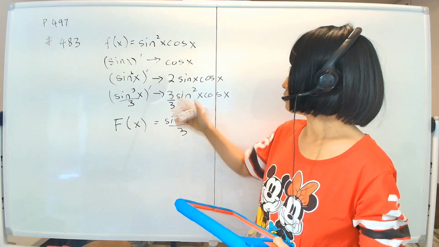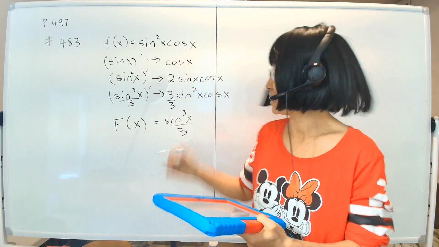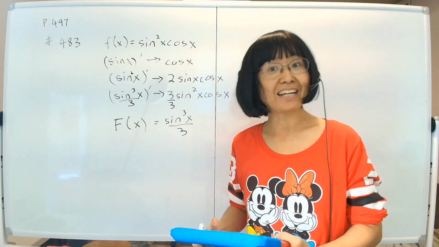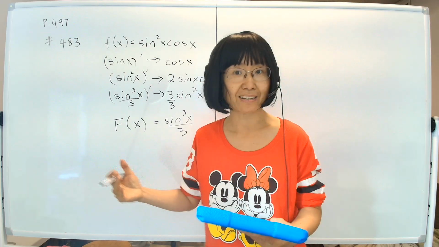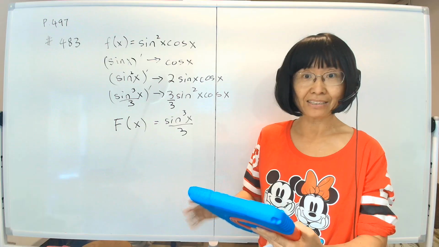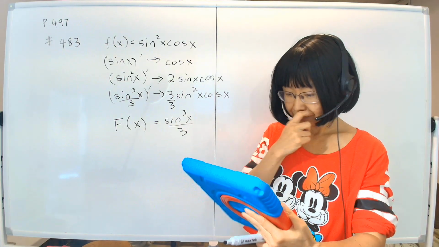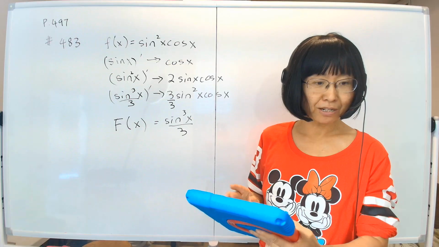The way to do it is you stare and mess with some things and hope that you get the right answer. Seriously, that is how integration works. Sometimes you just have to beat around and look for your answer. So that's problem 483.